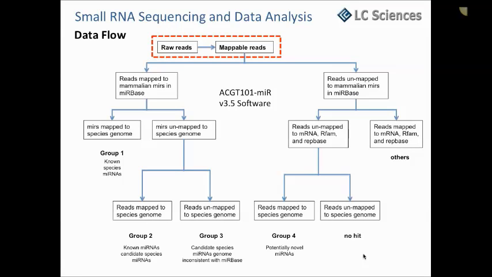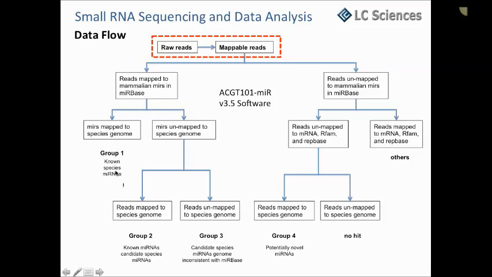This is just a brief overview of the data flow, basically the data analysis part of the sequencing data that we're generating. By default, we're delivering raw reads, of course, as well as mappable reads. And then our proprietary software goes through and classifies the sequences that are generated into a couple of different groups, 4 different groups, or 5.